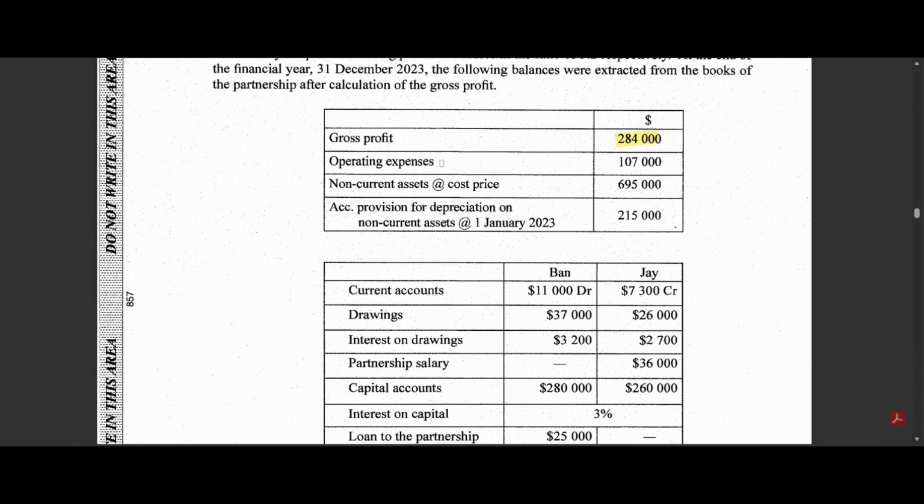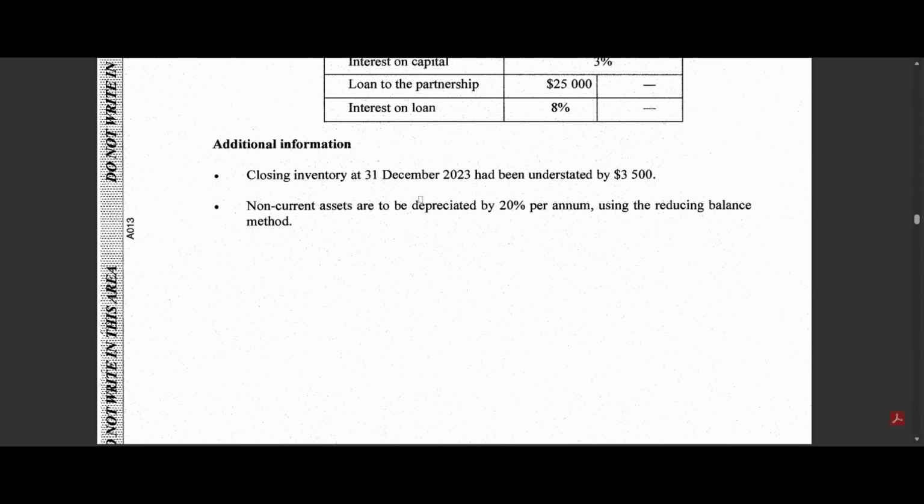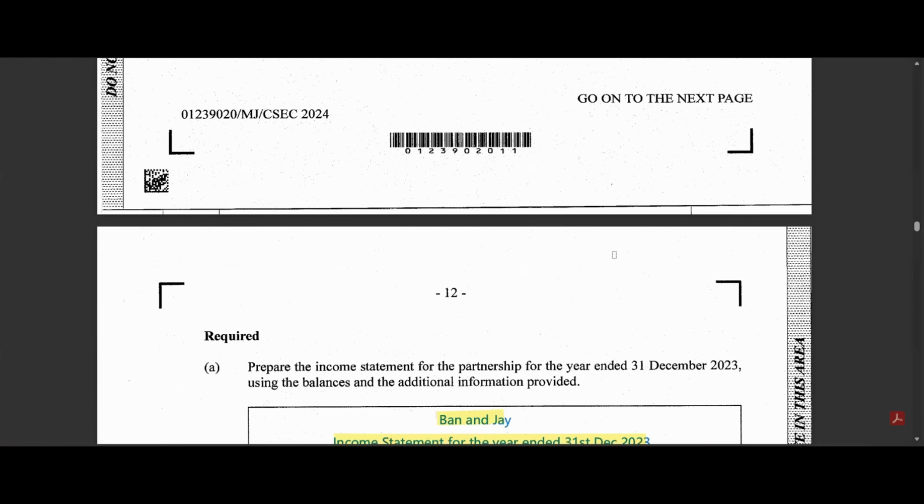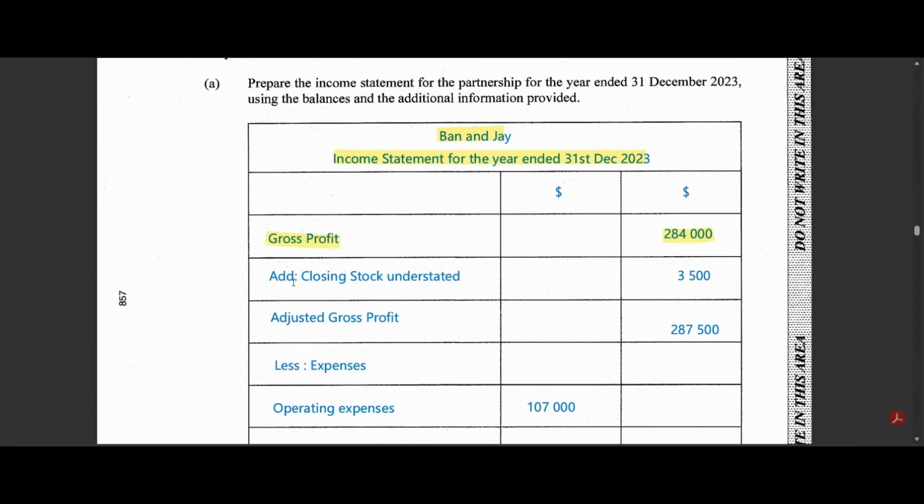But before we have a look at the operating expenses, we did have an adjustment for closing stock, guys. Now, closing stock had been understated by 3,500. If closing stock is too low, then your profits will be low as well. So we need to increase the closing stock. When closing stock is increased, our profit will increase as well.